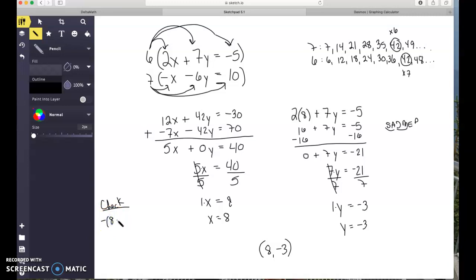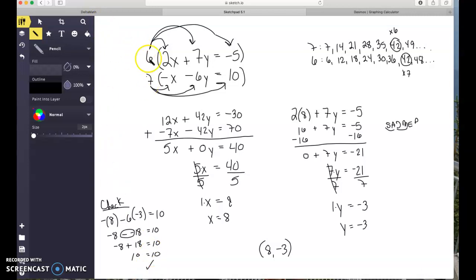So negative 8 minus 6 times negative 3 equals 10. Negative 6 times negative 3 is 18. When you have two minuses like that, you're really doing a plus. So negative 8 plus 18 equals 10. And 10 is equal to 10, so huzzah! 8, negative 3 is my answer.